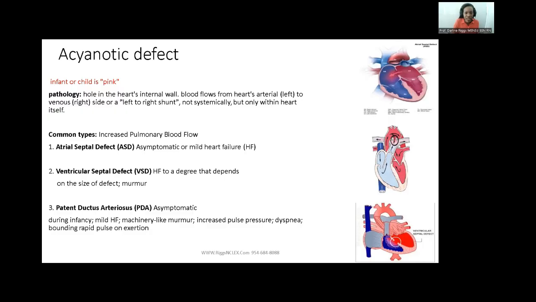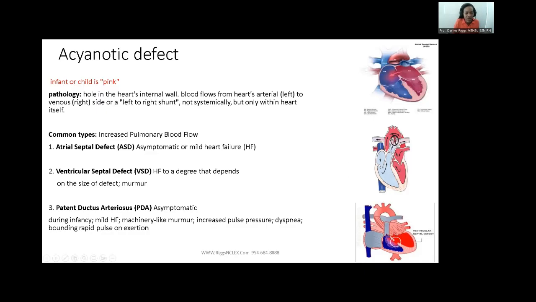Ventricular septal defect, same thing, bottom here. Ventricular septal defect, there is a hole between the ventricles. That's all. So depending on the size, you may hear some murmurs. Okay, they're losing a little bit of the red blood. The other condition is PDA, patent ductus arteriosus.